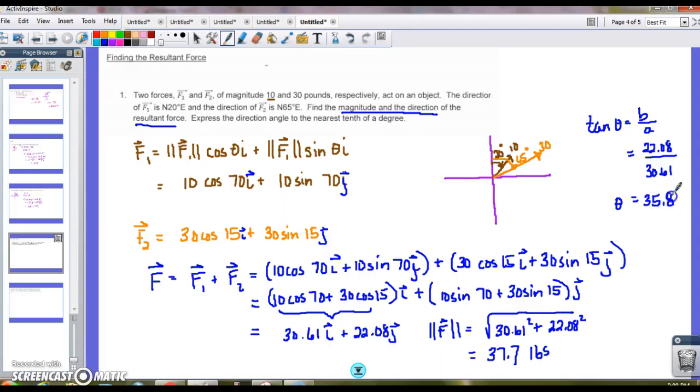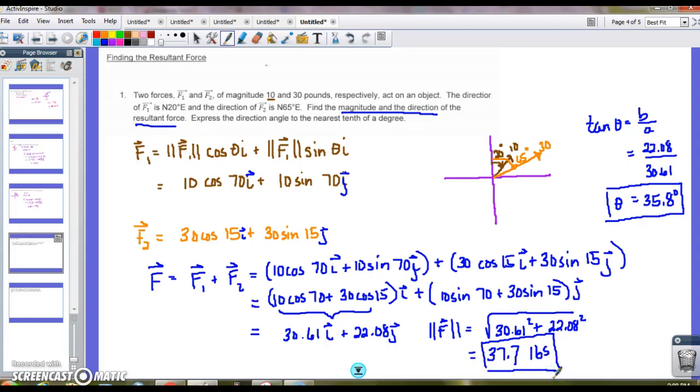And you do not have to give that answer as a direction because it's already a direction angle. It's starting at 0 and going in the positive direction, so I don't need to write it as a bearing. I can just write it as the angle. Okay, so that's how you would go about doing that.